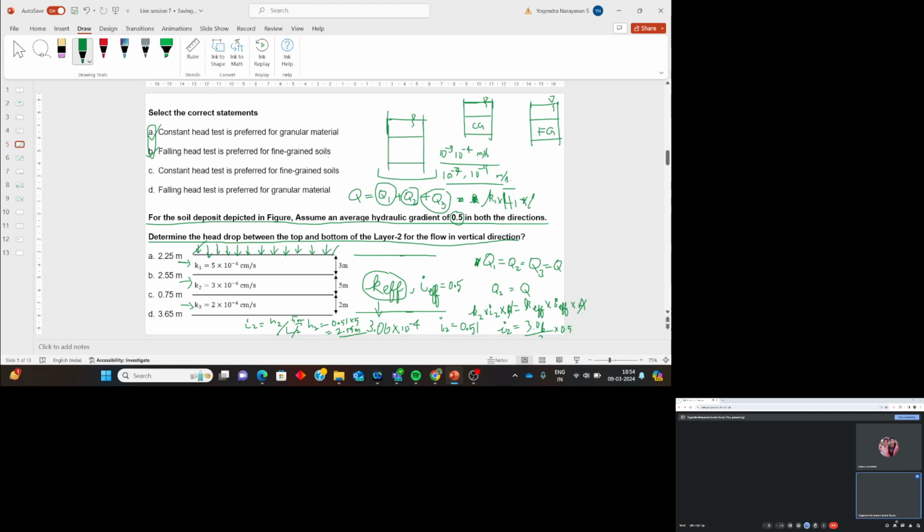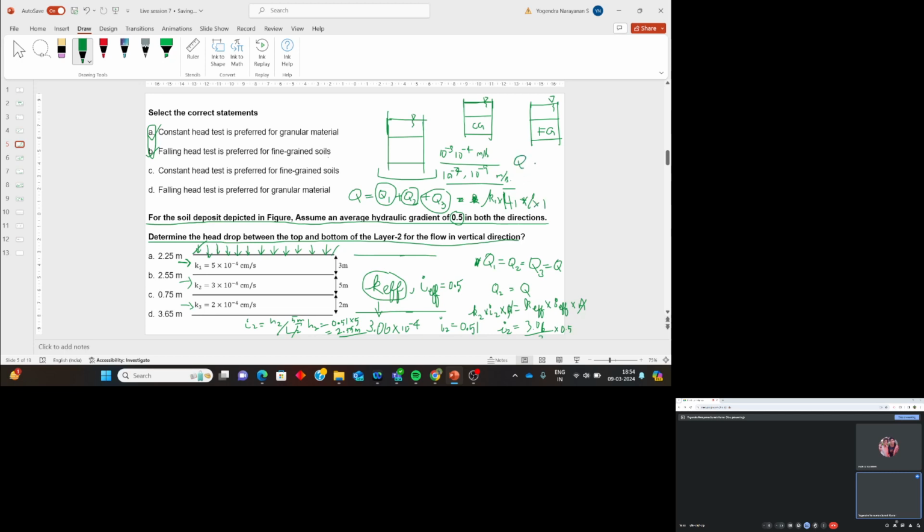Now you are assuming that flow is taking place through this portion. Now always this is the cross-sectional area. We have the thickness. Always if thickness is not given, we'll be assuming 1 meter on the other side. So it will be H1 into 1.